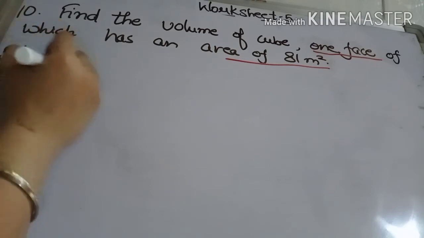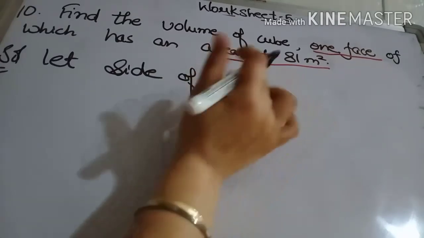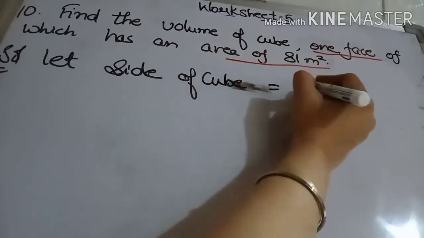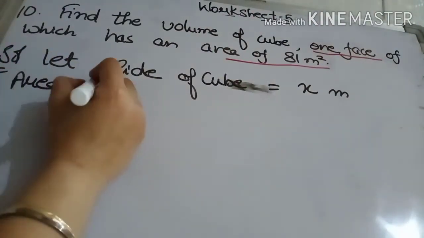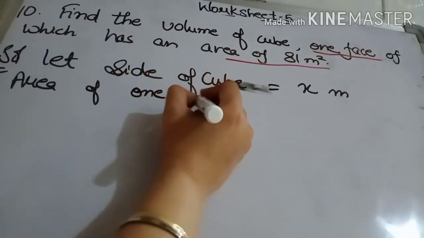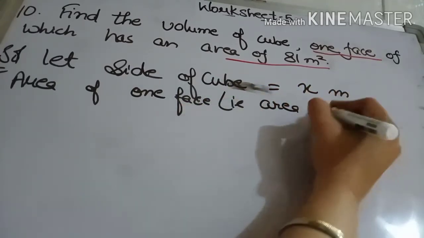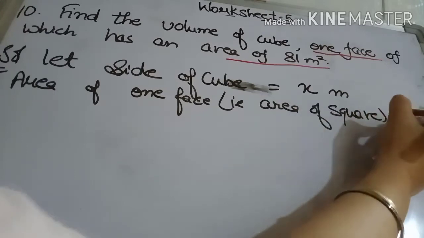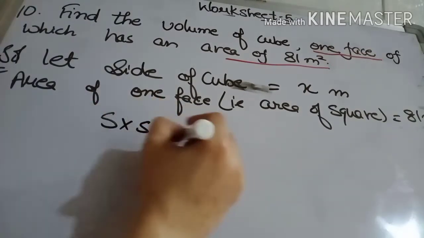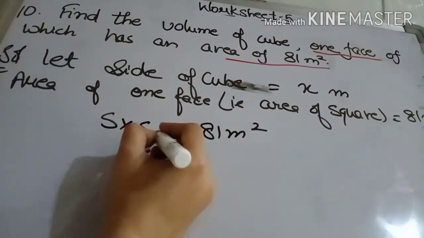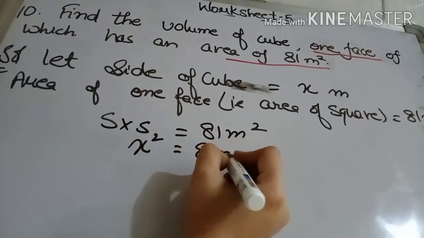Very good. Let the side of the cube be x meter. Now the area of one face, that is the area of a square, they have given you is equal to 81 meter square. So side into side is equal to 81 meter square. So x square is equal to 81 meter square.